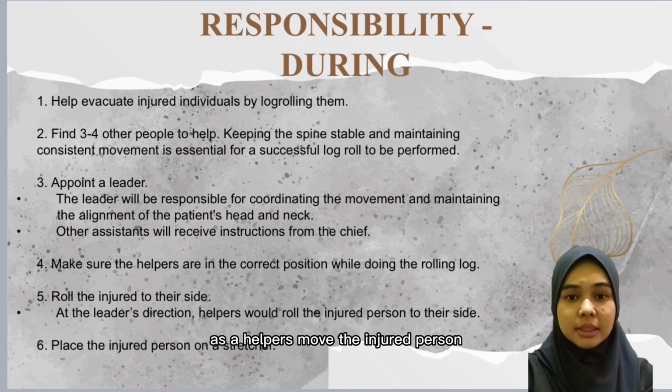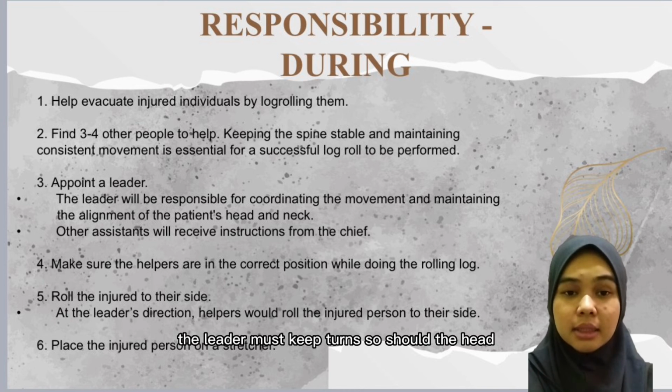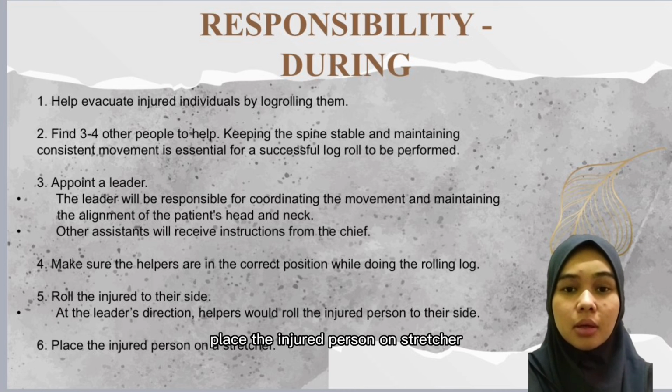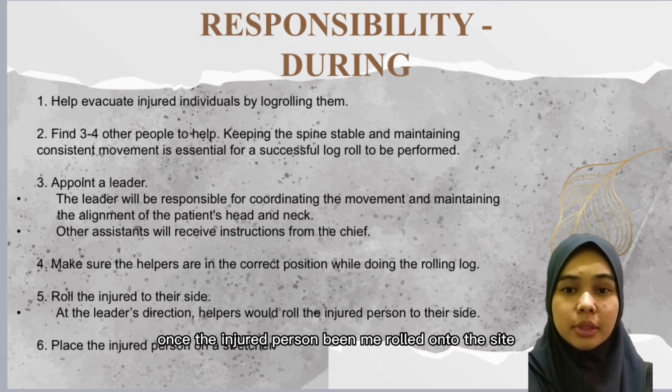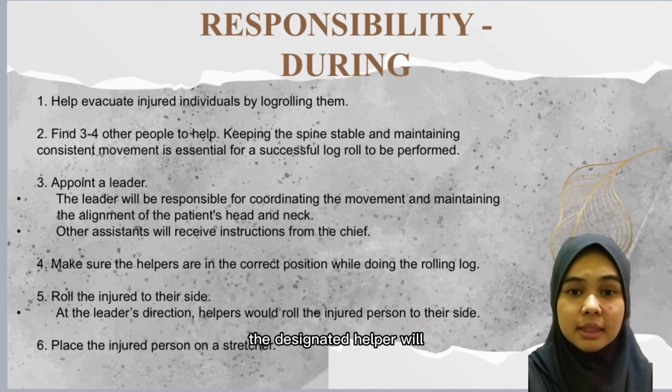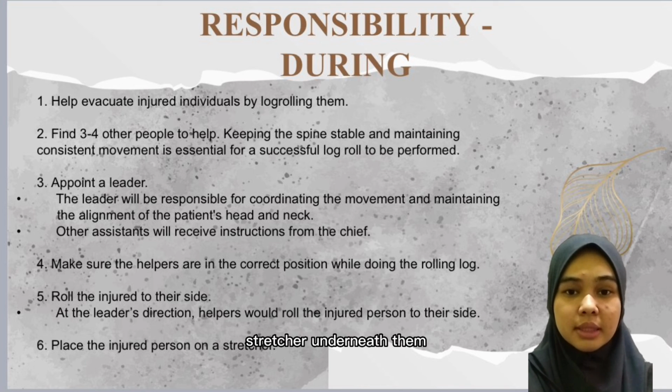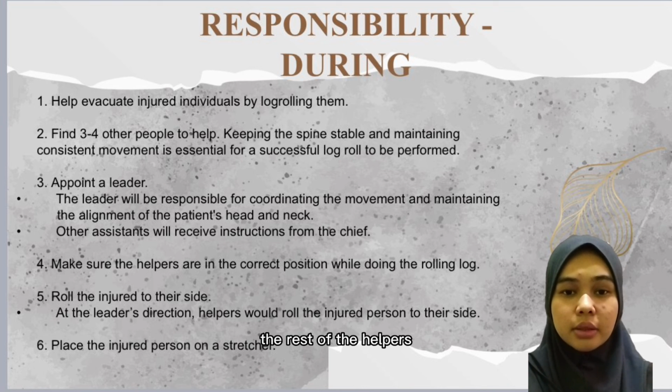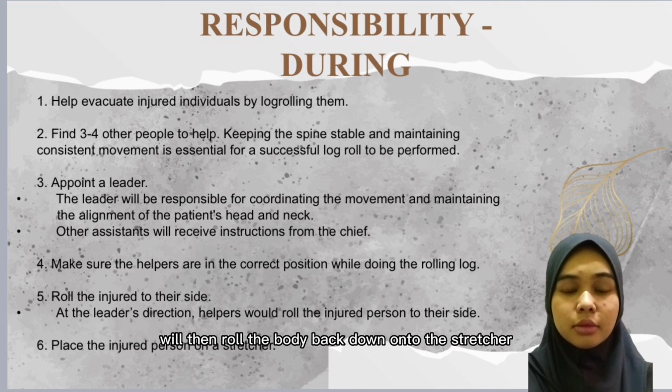As the helpers move the injured person, the leader must keep the head and neck aligned. Last, place the injured person on the stretcher. Once the injured person has been rolled onto their side, the designated helper will slide the stretcher underneath them. The rest of the helpers will then roll the body back down onto the stretcher.